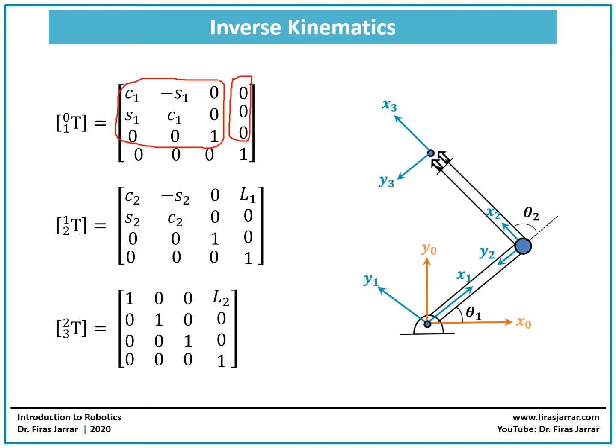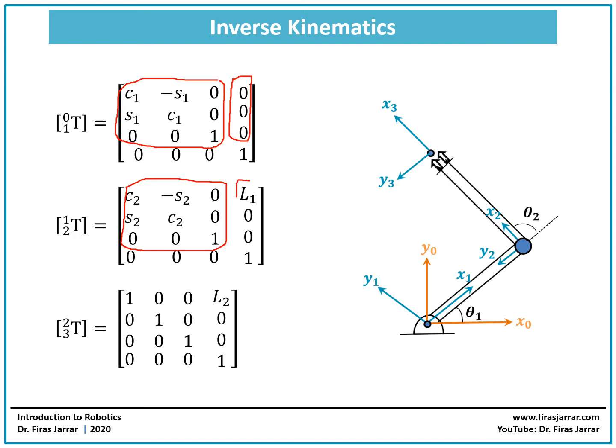When you compare frame 2 to frame 1, you can see that frame 2 is rotated about the z-axis by an angle of theta 2. This is why we have here the basic rotation matrix about the z-axis, but this time by an angle of theta 2.